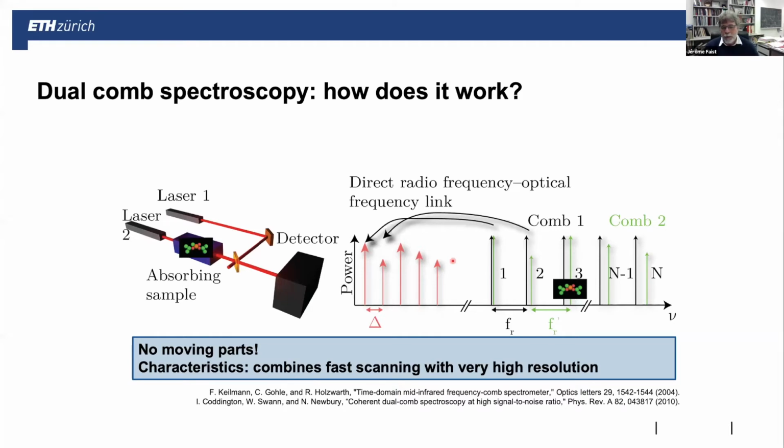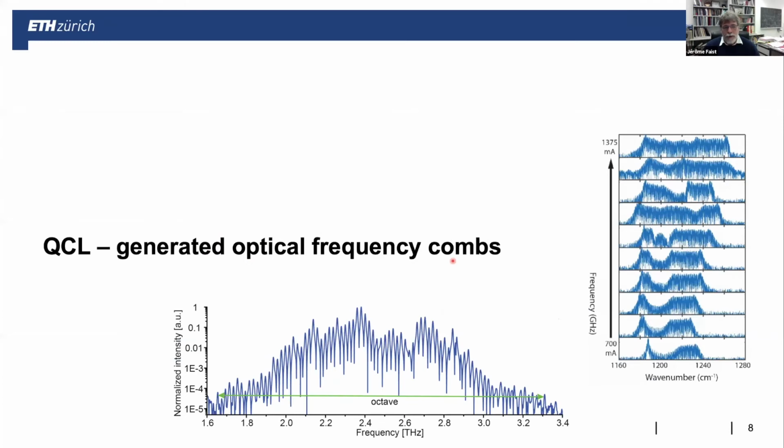And that's beautiful because you can do that very fast. It looks a bit like a Fourier transform infrared spectrometer, but it has no moving parts, and all the analysis is done electrically. So QCLs are good for generating optical frequency combs in the mid-infrared.